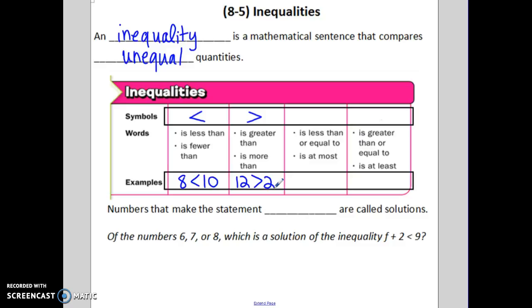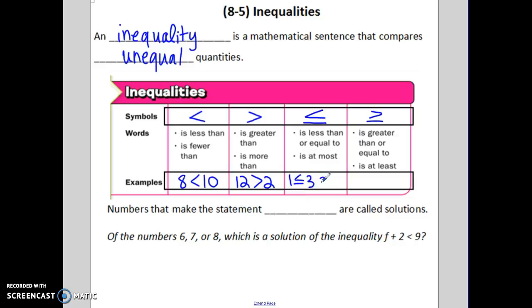The less than or equal to sign looks like is less than, and then you have a line underneath. That's how I remember that, we say is less than or equal to. It also has that or equal to sign underneath. And we have is greater than or equal to. An example of that might be 1 is less than or equal to 3.